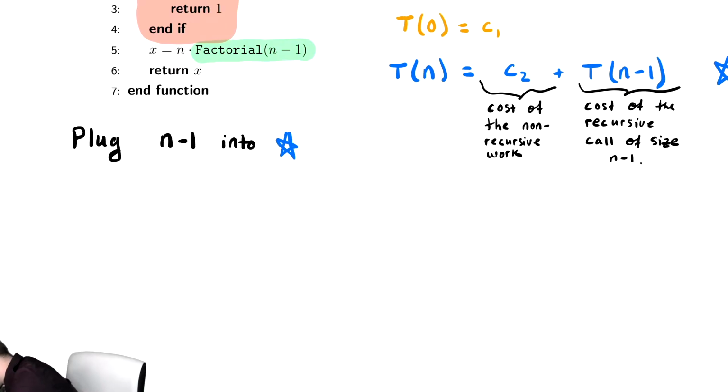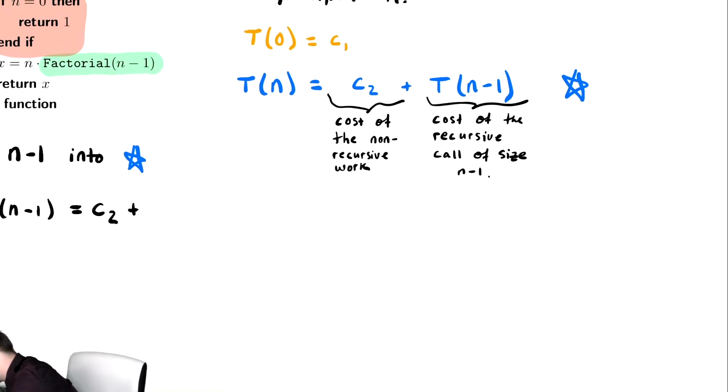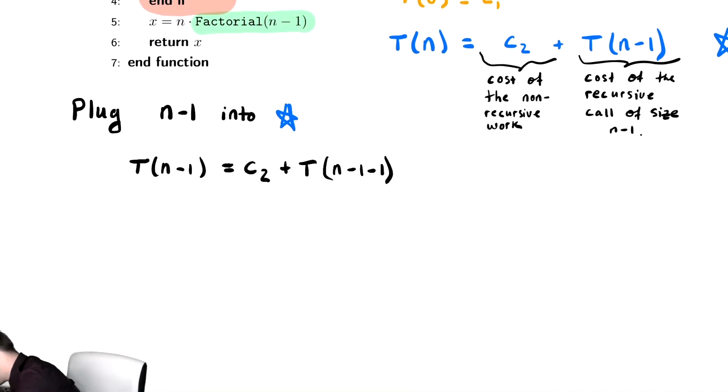So on the left-hand side, I would get t of n-1 if I replace n on the left-hand side with n-1, is equal to C2 plus, if I plug in n-1 on the right-hand side, I'm replacing n with n-1. So this will be t of n-1 minus 1. This is t of n-1 is equal to C2 plus t of n-2.